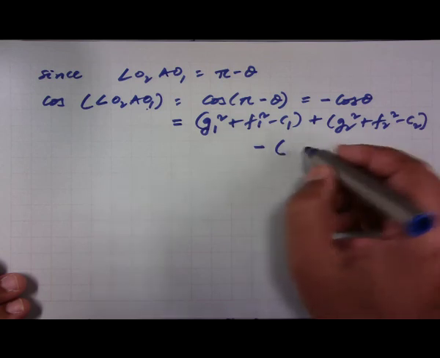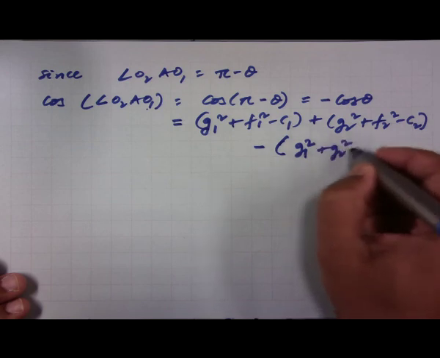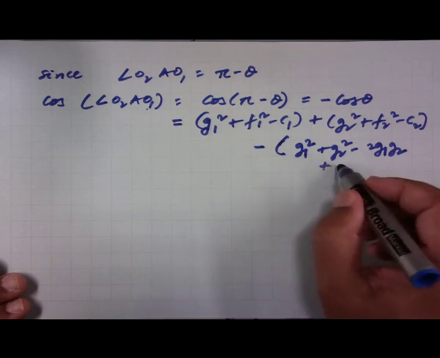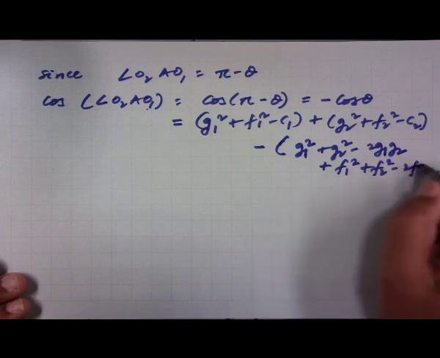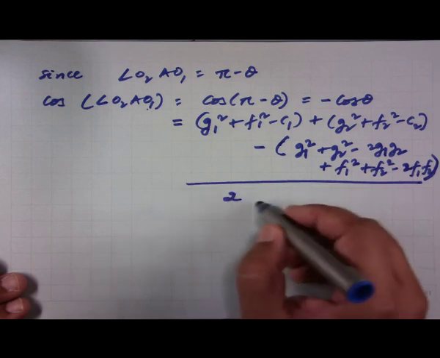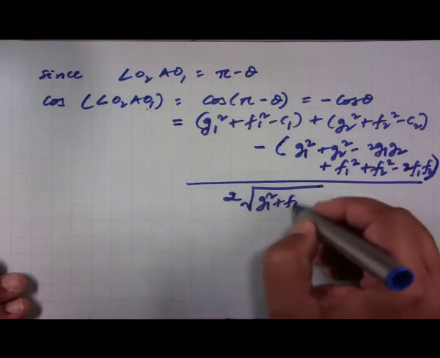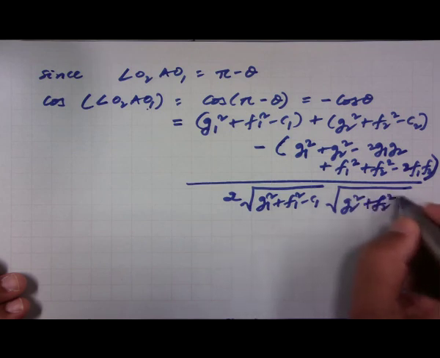So, O1O2 whole square will be G1 square plus G2 square minus 2 G1 G2, then plus F1 square plus F2 square minus 2 F1 F2. So, this is the numerator, and the denominator we have 2 times R1 R2. So, it will be 2 times square root of G1 square plus F1 square minus C1 times square root of G2 square plus F2 square minus C2.